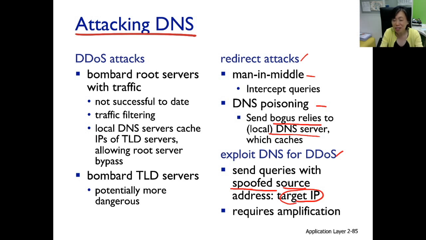As a result, the servers in the hierarchy will all be sending replies to this guy here, and therefore denying this machine here to go out and reach the rest of the internet. But this is also a bit hard to do because you have to hijack enough of these queries. You need to spoof enough of these queries, right? So you need amplification in order to make sure that the service is really denied at the target IP.